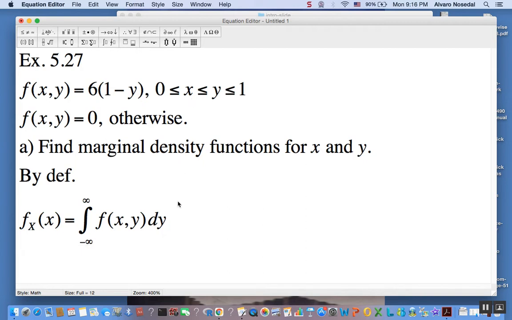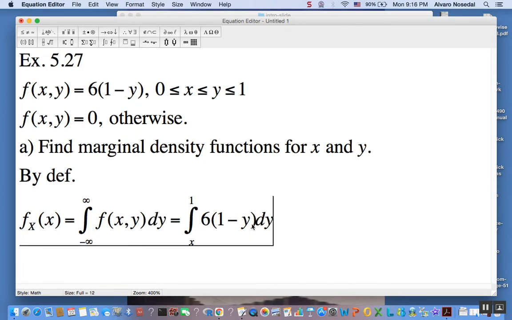So this is going to be the integral from x to 1 of our joint PDF with respect to y. Make sense? And again, we can see those restrictions here. Clearly y must be greater or equal to x, and y must be less than or equal to 1.